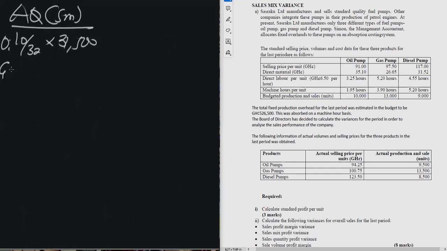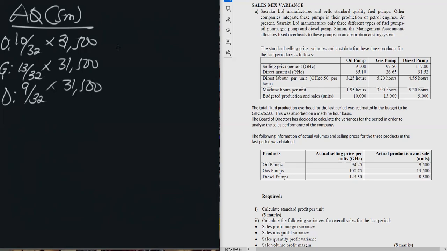If I take gas pump, that was 13 out of 32 times 31,500. And then diesel pump, I take 9 out of 32 times 31,500.